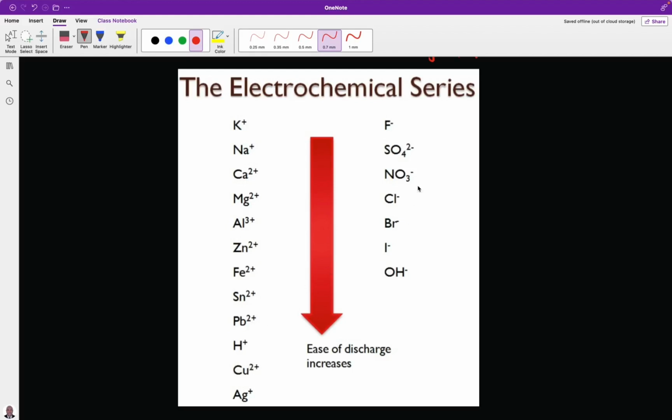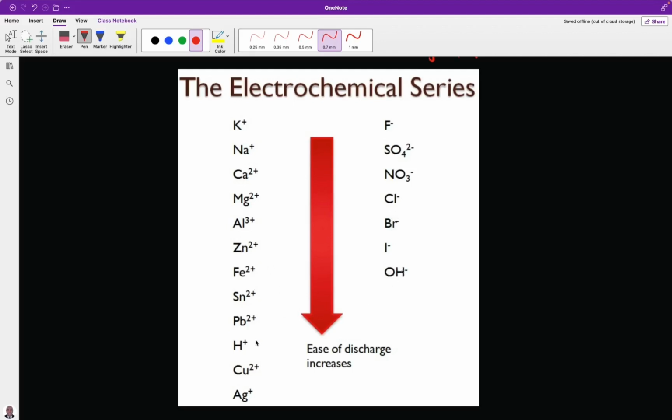The same thing if I have 2 anions. Let me say I have the chloride ion and the hydroxide ion. The one of higher priority will be the hydroxide ion, the one below in the electrochemical series. Hydroxide ion will take priority over chloride ion and will be the one to be discharged.